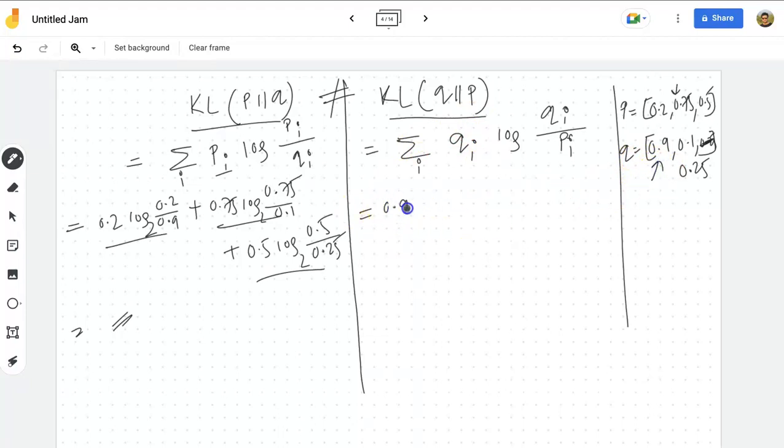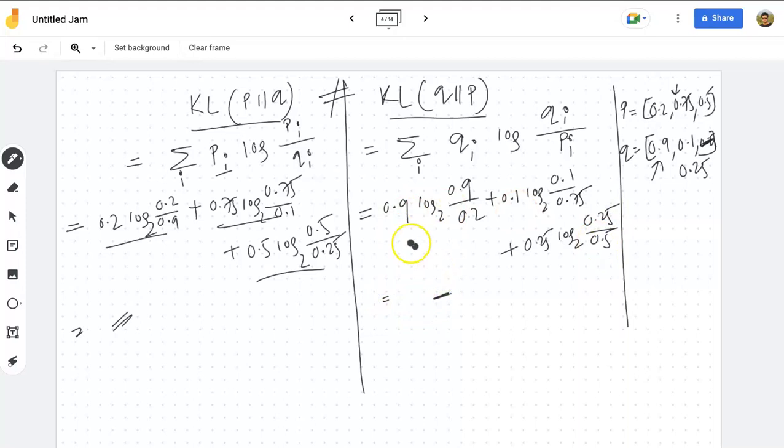So it will be 0.9 log 2 of 0.9 by 0.2, plus 0.1 log 2 of 0.1 by 0.75, plus 0.25 log 2 of 0.25 by 0.5. You just calculate and you will get the answer. This is just a calculation, so I am not doing it.